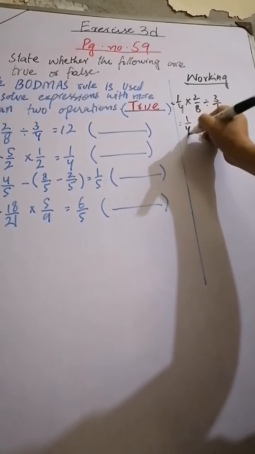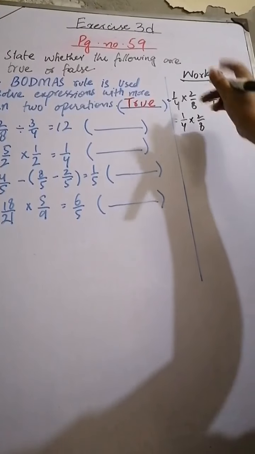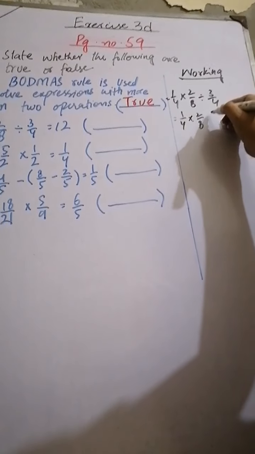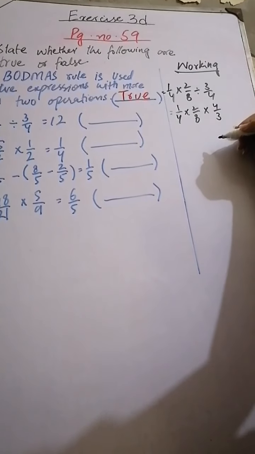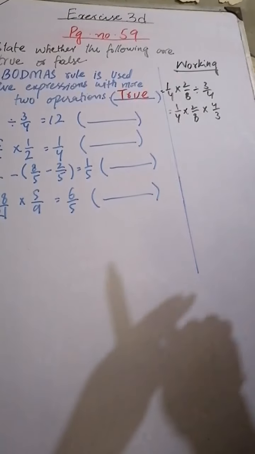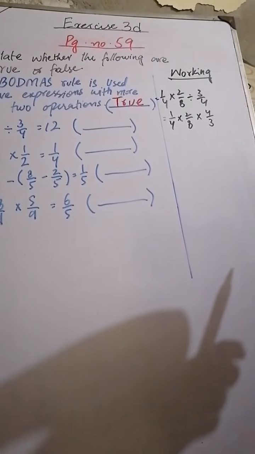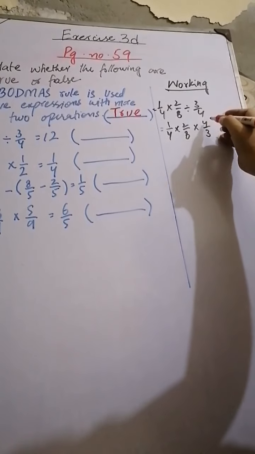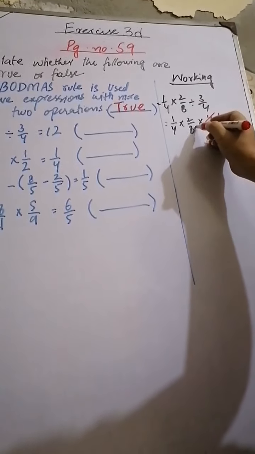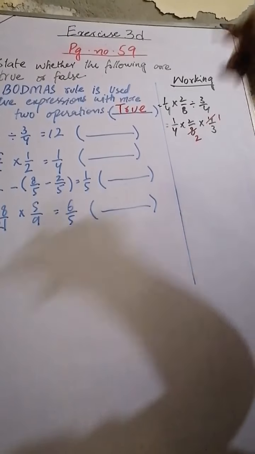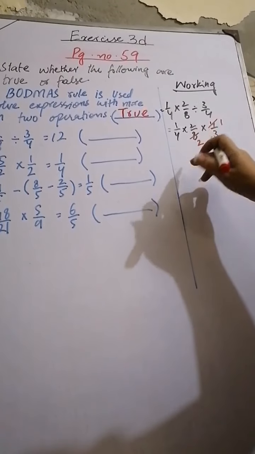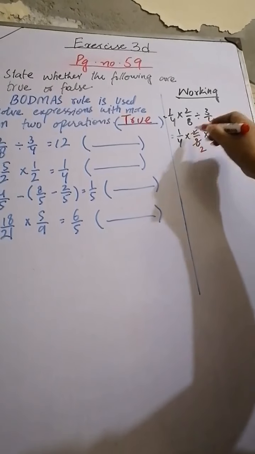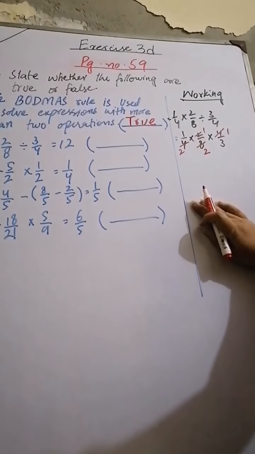Okay, 1 by 4 multiply as it is, the fractions come as it is, divide will be changed into multiplication, so 3 by 4 will be 4 by 3, right? So we have to multiply or cross cut, so it's 4 1s are 4, 4 2s are 8, 2 1s are 2, 2 2s are 4.